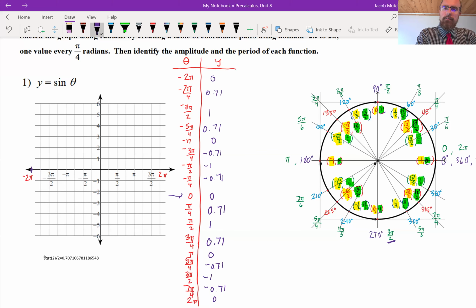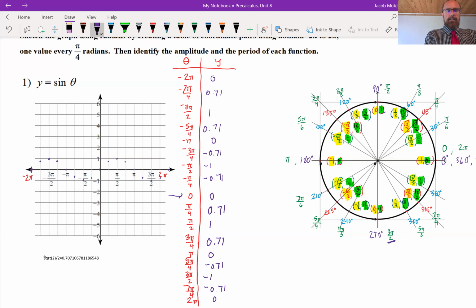So at negative 7 pi over 4, it's at 0.71. So I just estimate that value. And then at 1, and then down at 0.71, 0, negative 0.71, negative 1, negative 0.71, 0, 0.71, 1, 0.71, 0, negative 0.71, negative 1, negative 0.71, 0.